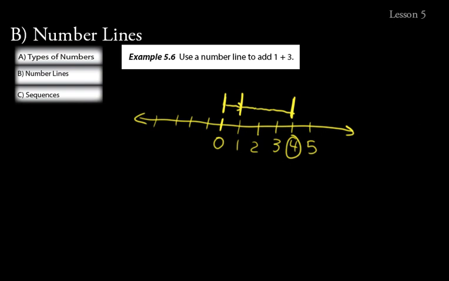But that's how we use a number line to add things. Start at 0. Make a note of that if you need to. You always start at 0. And then that first number, if it was a -1, it would have gone to the left. It's a +1, so we go to the right. And then we go to the right 3 more because it's a +3. Okay? So the answer is 4.